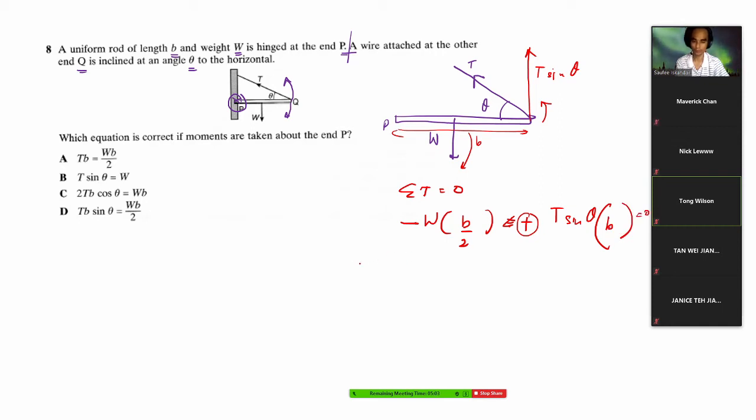So we end up with T sin theta B equals W B over 2. So the answer is donkey.